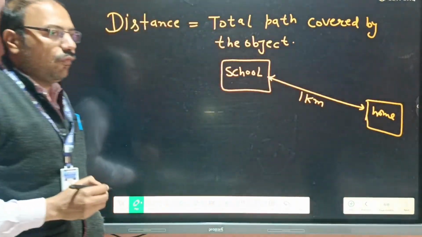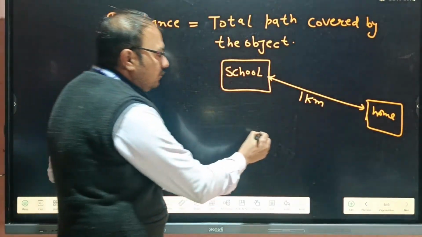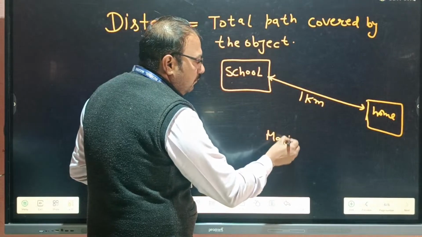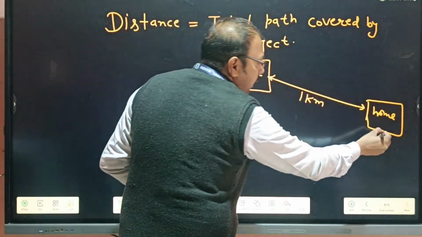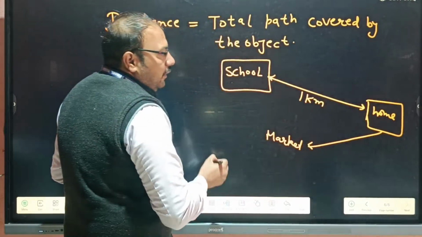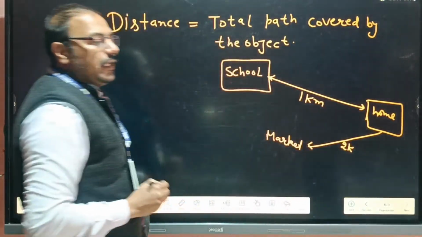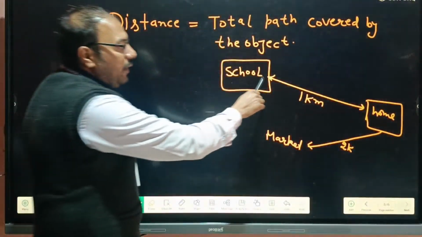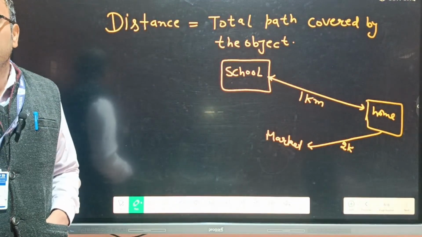Then when you move to another place like the market, first you go from school to home, then to the market. Say this is 2 kilometers. So how much total distance is traveled by the object from here to here and here to here? 3 kilometers.